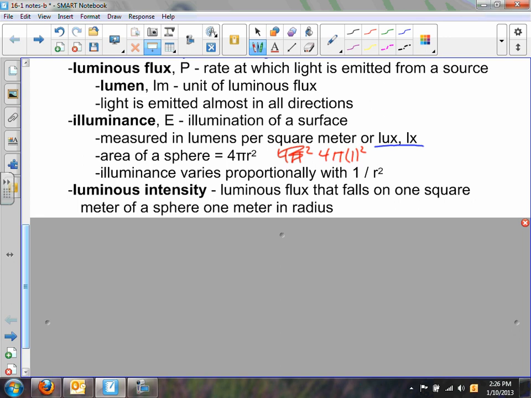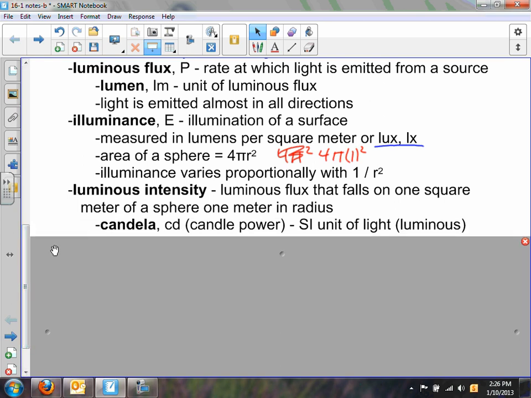So that would have a total of about 12 square meters. So 1 square meter of the 12 would be the amount of flux. So how much flux falls on 1 square meter of a sphere, exactly 1 meter radius? The units for luminous intensity are candelas, CD, which comes from the old unit of candle power.